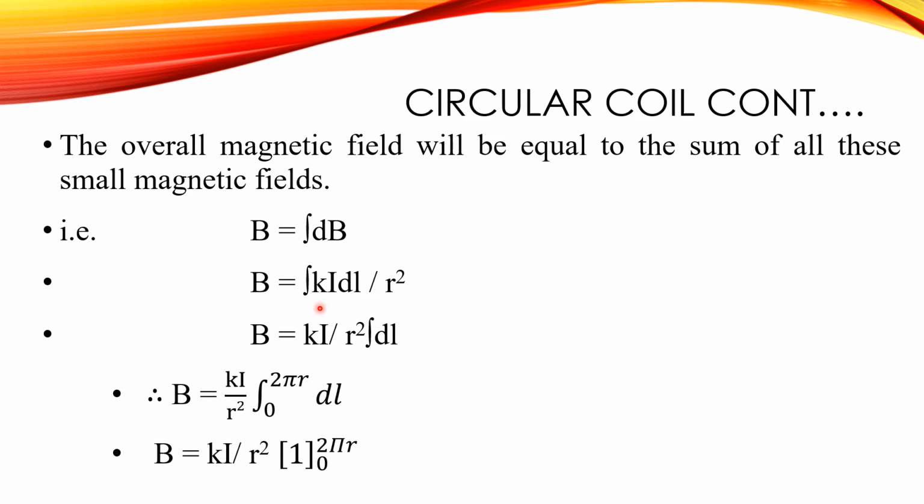So dB is K I dl by r square, and when we integrate, K is constant, I is constant, and even r is constant. So we get K I by r square into the integral of dl. This integral of dl is due to the circle. We have considered a circular coil, so its circumference is 2 pi r, and the limits for dl will be 0 to 2 pi r.